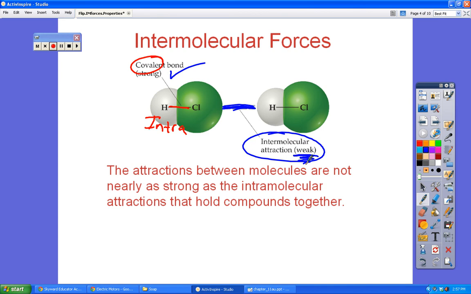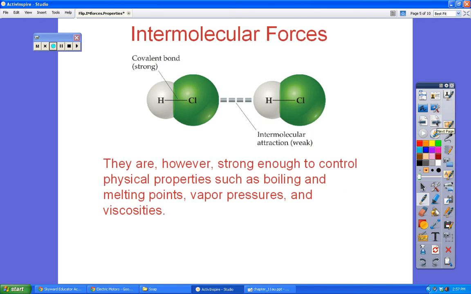What holds these two atoms together is much stronger than what holds the two hydrochloric acid molecules together. So the bond strength is weaker between the molecules. However, it does still affect physical properties.